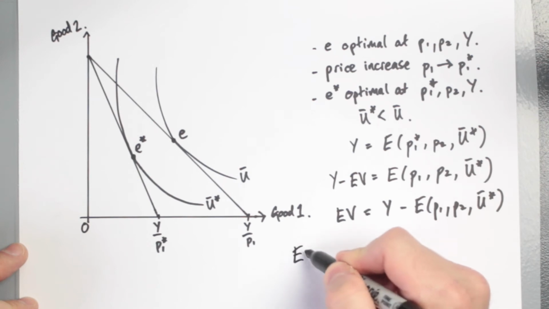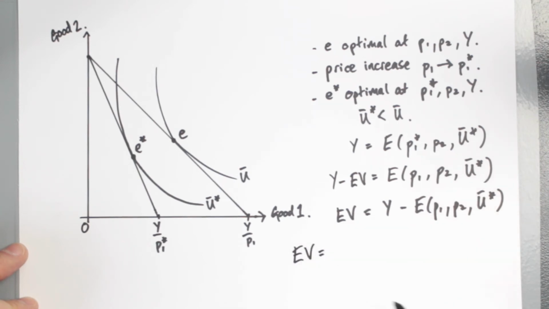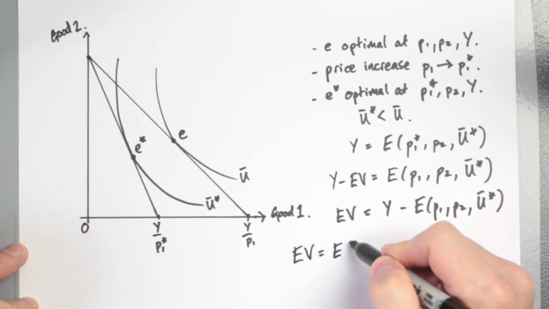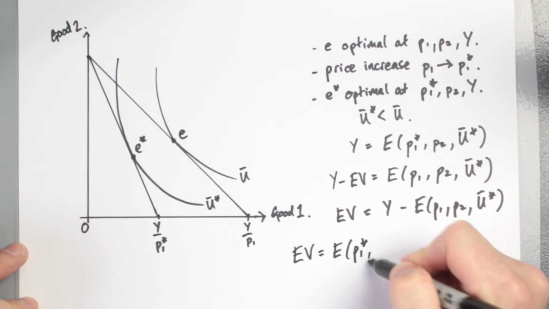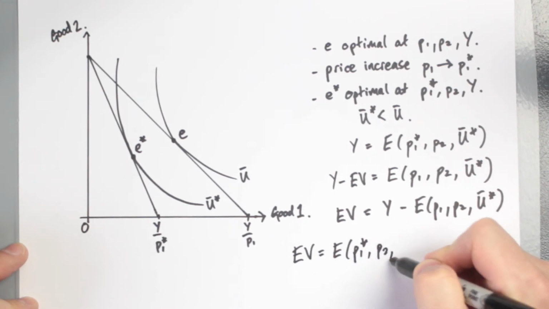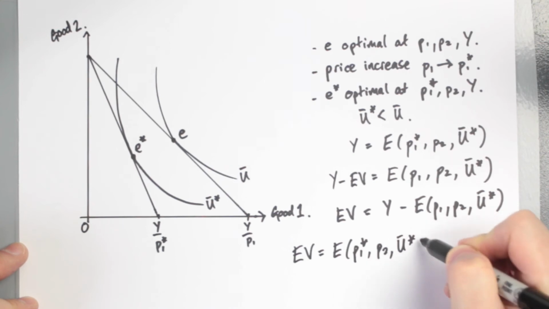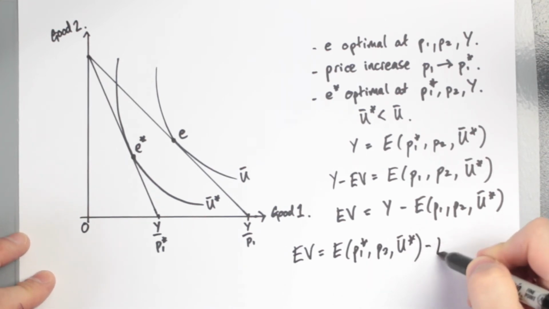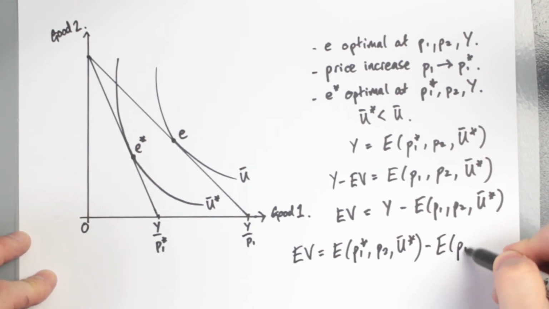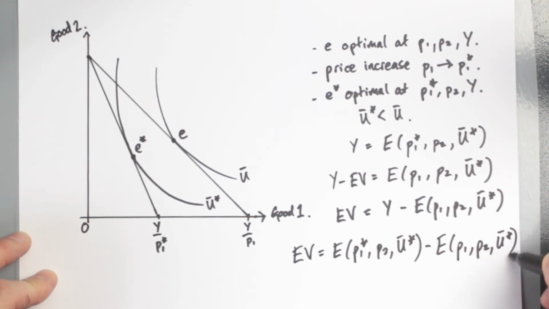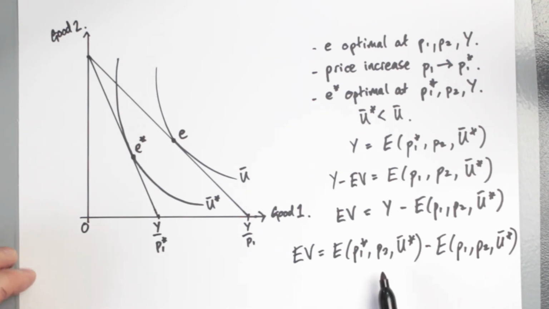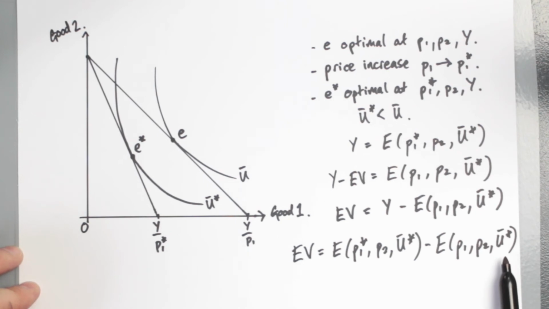So we could write the equivalent variation is equal to the minimum expenditure required at the new price level to achieve U bar star, minus the minimum expenditure required at the original price level to achieve this new level of utility. Okay? So compensating variation looked very similar, but it had U bar here and U bar here.